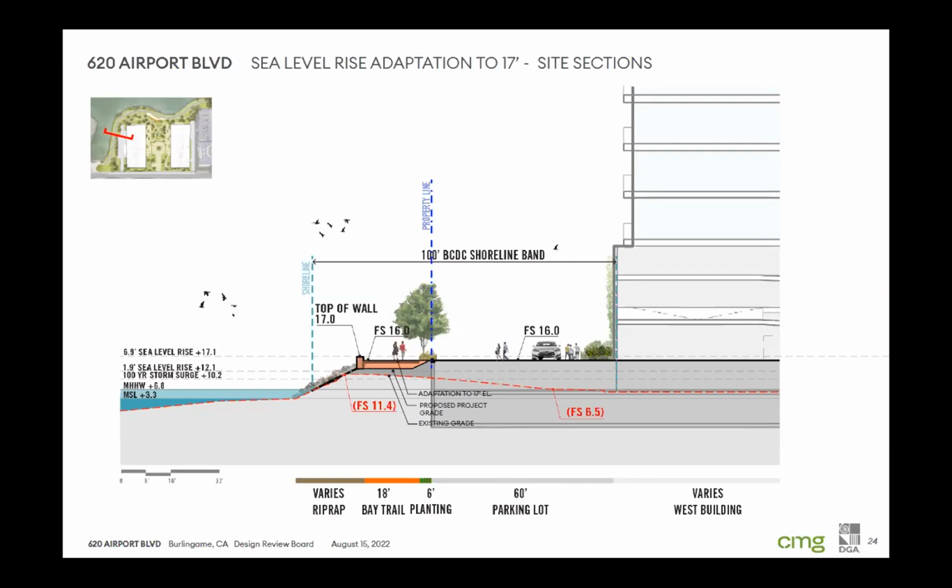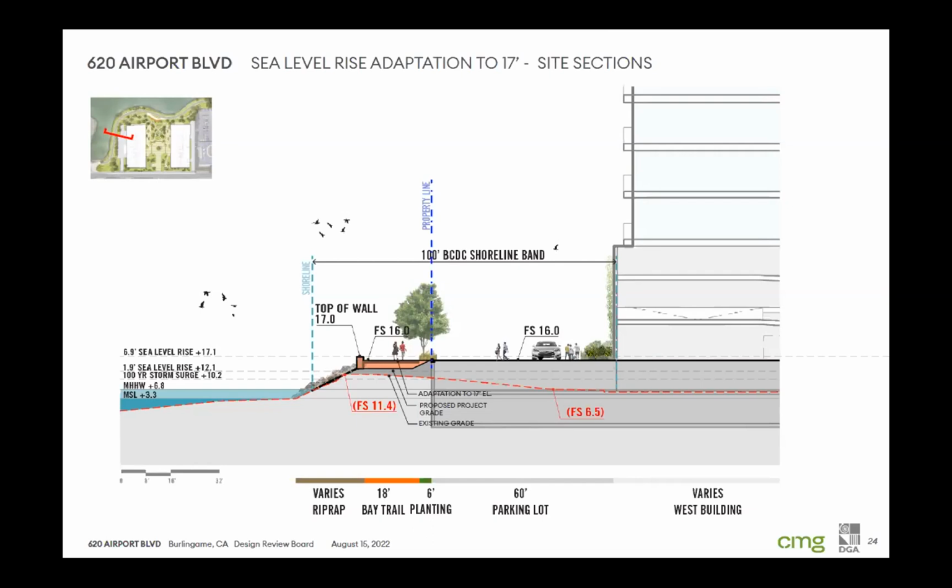However, the interesting twist on this is the Burlingame ordinance for their shoreline protection and adaptation, and the discussions that we've been having with the city of Burlingame and with One Shoreline, where they're more or less advocating for the shoreline band to be an adaptation space that is reserved for adaptation purposes.